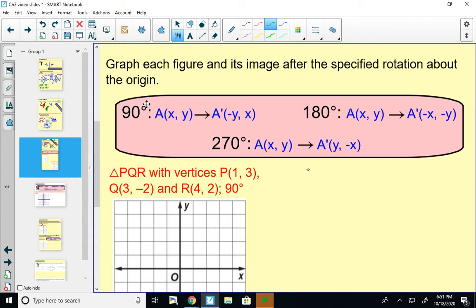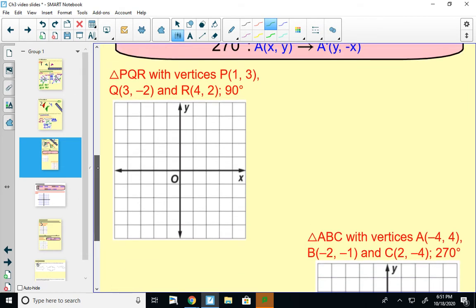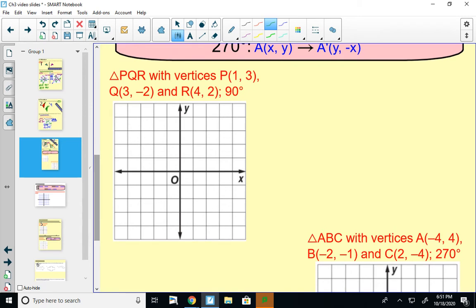Remember, whenever we rotate counterclockwise. So these rules are for rotating counterclockwise. All right, so triangle PQR with P at (1, 3), Q at (3, -2), and R at (4, 2).